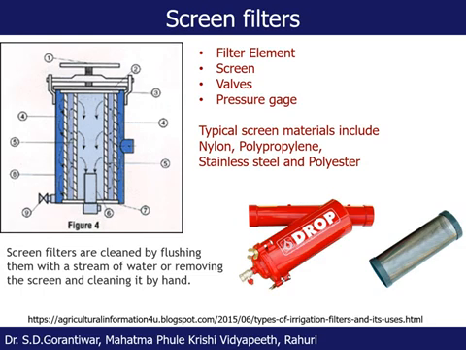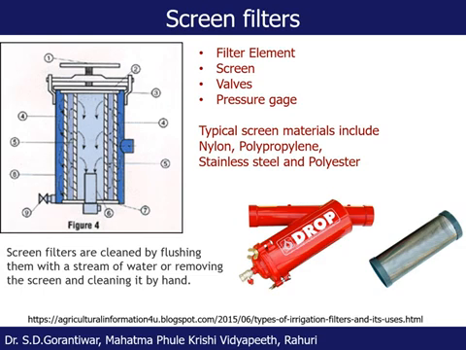As water enters the filter through this filter casing, the screen element will keep away the impurities on the screen itself, and impurity-free water will come inside, and then it will go into our main line through this outlet actually. Okay, so there is one handle to remove the filter element from the filter, so that we can clean these.